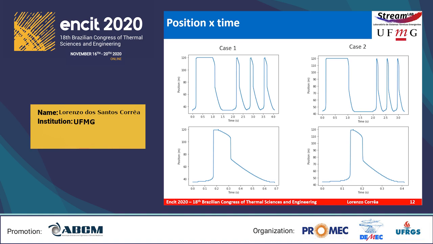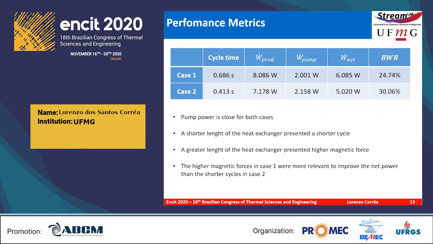The lower figures show the position over time for the convergent cycle in the periodically developed state. As can be seen, in the first case, the cycle is much longer, being close to 0.7 seconds, as opposed to the second case of approximately 0.4 seconds.